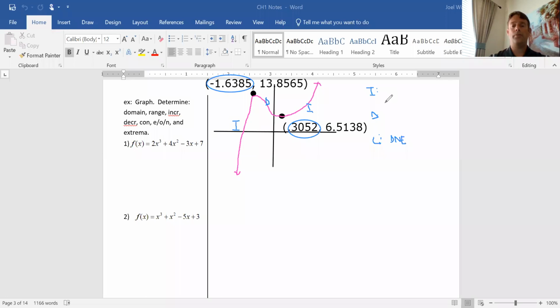So let's see here. Increasing from negative infinity to negative 1.6385, and decreasing from negative 1.6835 to 2.3052.